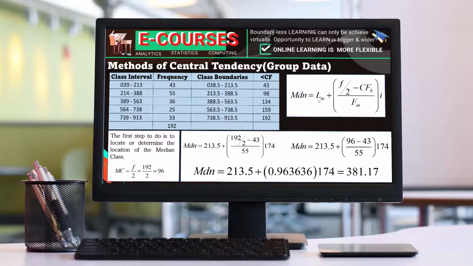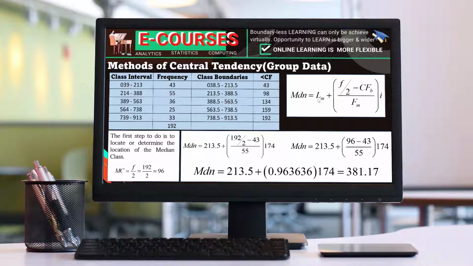So 213.5 plus 0.963636 times 174 gives us 381.17. Meaning, the median is 381.17.